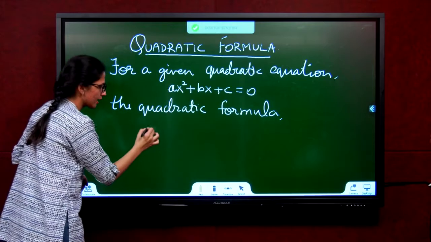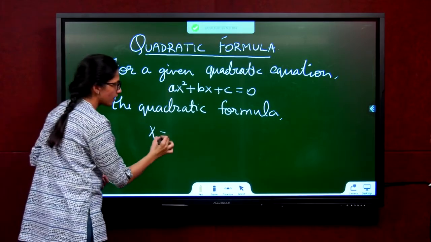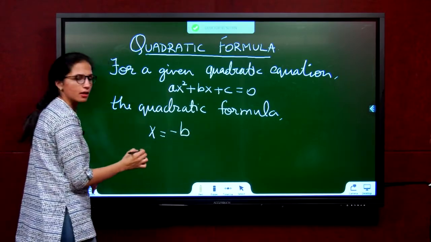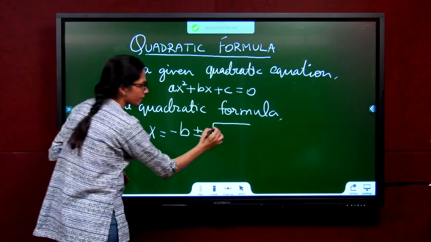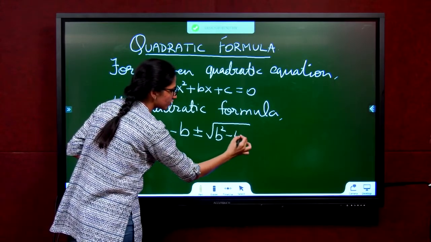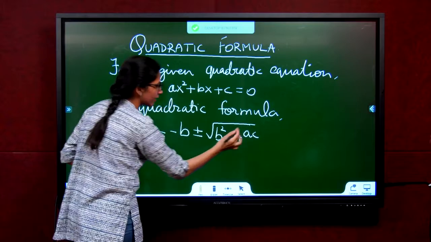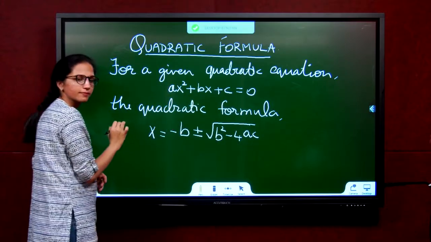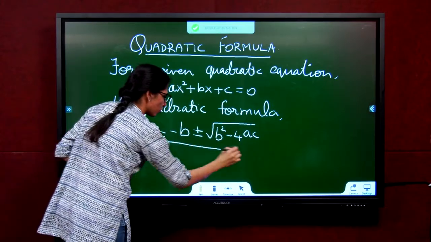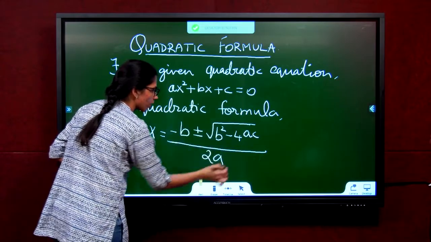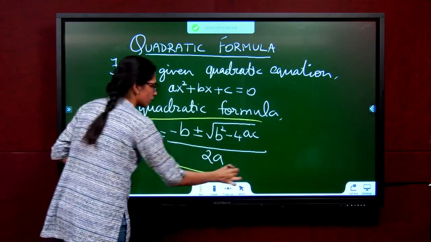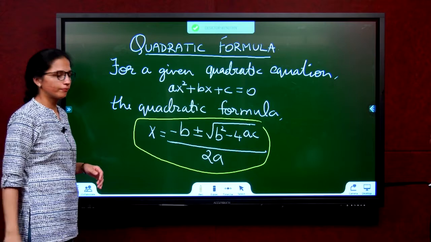Please take down, x is equal to minus b plus or minus root of b square minus 4ac, divide the whole thing by 2a. What is this a, b, c? It's from this equation. What is the meaning of plus or minus?